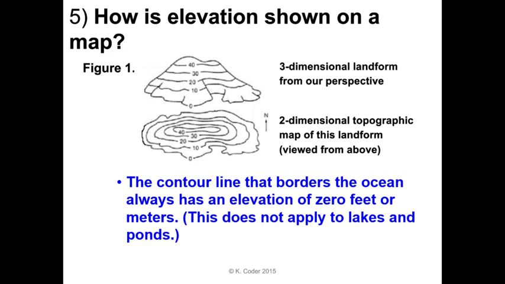Now, a lake or a pond is not the sea, and we can find lakes and ponds located in the high mountains. So we wouldn't consider that to be 0 when we're talking about lakes or ponds. So the landform must be in the ocean, as I was pointing out before, because the exterior contour line is 0.